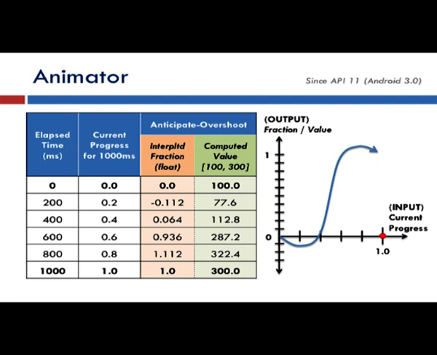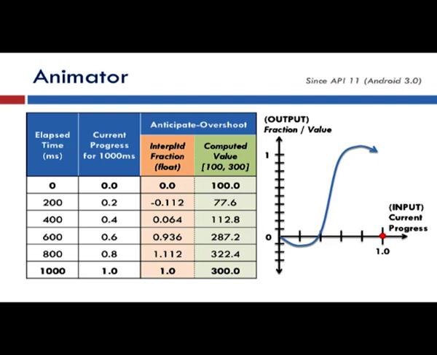So this is the anticipate and overshoot interpolator. In this, the interpolated fraction goes beyond the range of 0 and 1. For example, minus 0.112, it is negative, and in the second last step it is 1.112.